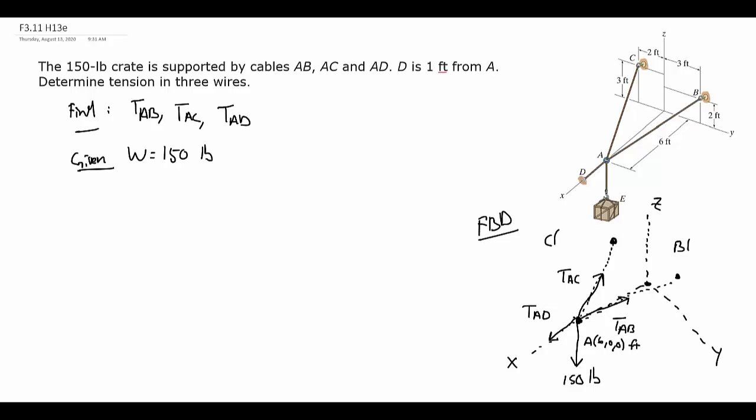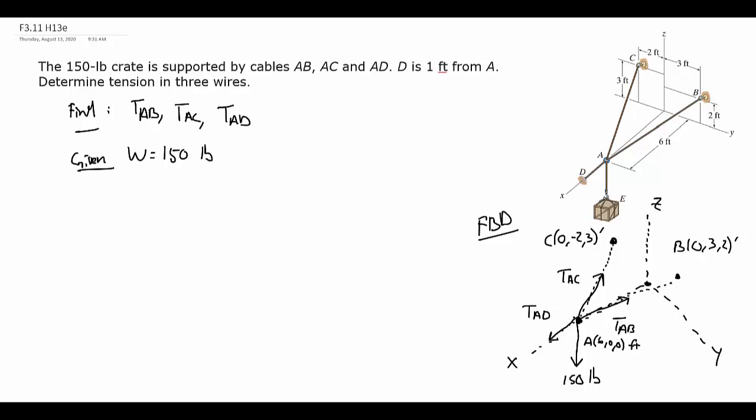B is on the ZY plane, so it's 0 in the X direction. I have to go 3 in the Y, and I have to go 2 in the Z. And C also is in the YZ plane, so 0 in the X direction, -2 in the Y direction, and +3 feet in the Z direction.